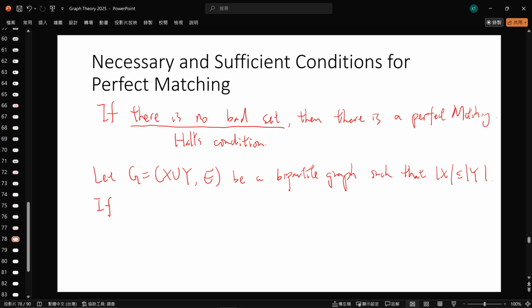So next, I'm going to give a formal definition for this statement that there's no bad set. So if for every subset, let's call it B, so we want to check all the possible subsets of X to see whether it is a bad set.